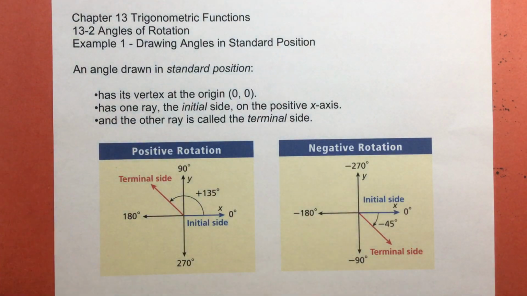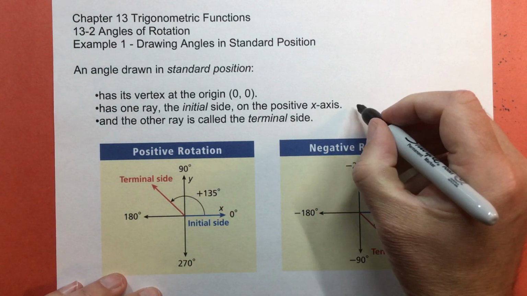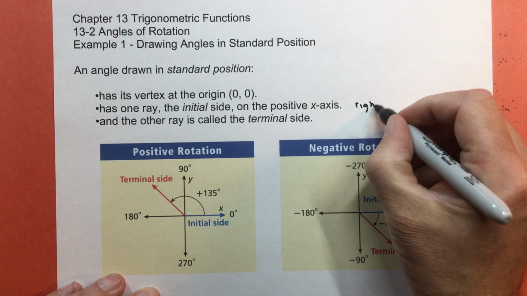So we put the vertex at the origin, which has coordinates 0, 0, if you're not familiar with what the word origin means. One ray, which we call the initial side, is going to be along the positive x-axis. This means it goes to the right.